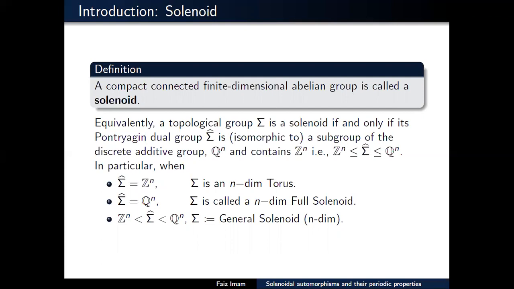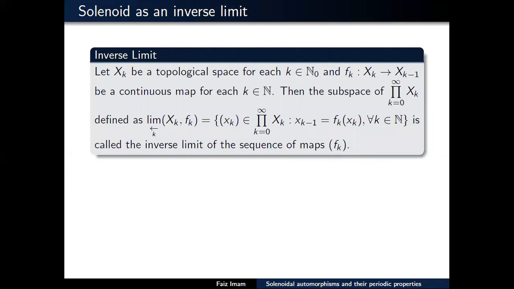So we have this inverse limit proceeding in the reverse direction. We have this subspace of the product of the Xk's, defined as the limit of Xk, fk. Basically you have sequences (xk) belonging to the product of the Xk's where xk minus 1 is fk of xk.